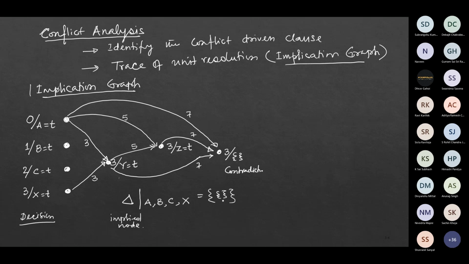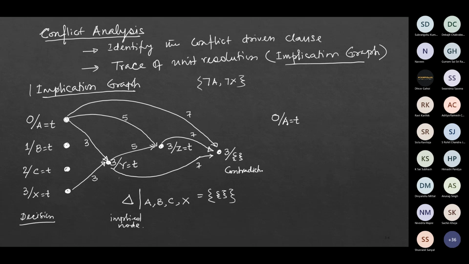right? Now let us see what is the benefit. What is the implication graph if we add our learned clause? We are adding this to the knowledge base explicitly. So we start with the 0th level, as we did earlier, and assign A equal to true.